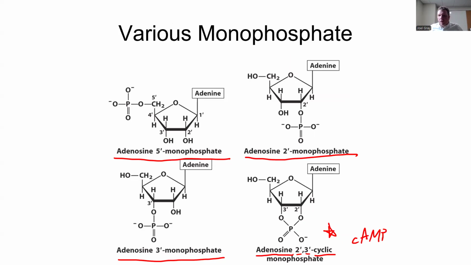So cyclic adenosine monophosphate could be a cyclization between 2 prime and 3 prime. It's somewhat common to also see adenosine 3 prime, 5 prime, cyclic monophosphate.